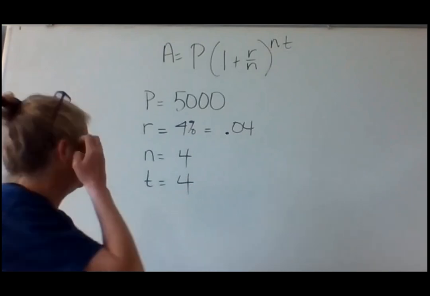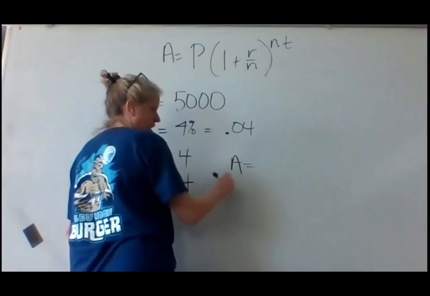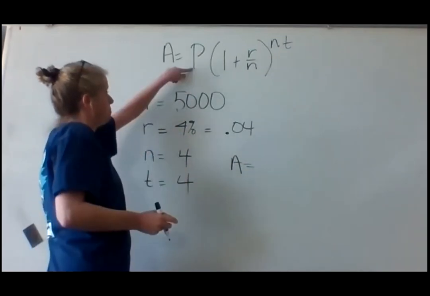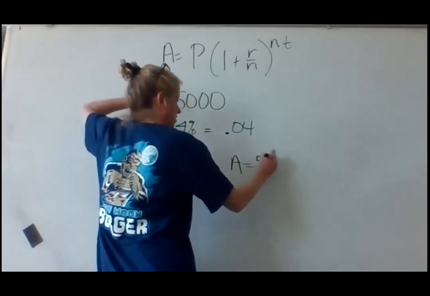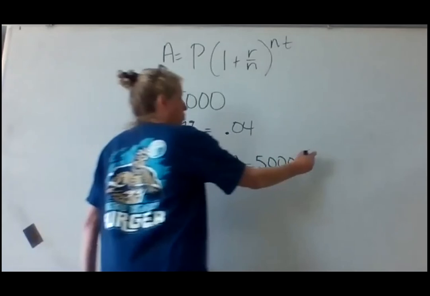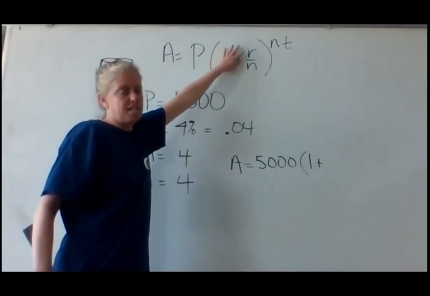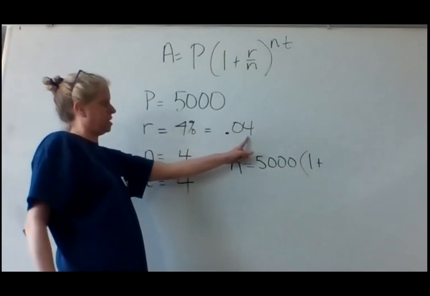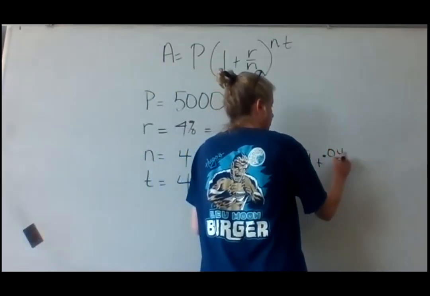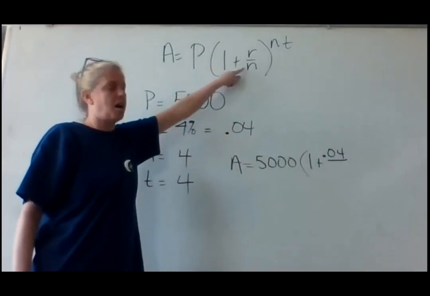So let's plug it in. A equals, this is going to be the amount I have after the 4 years. My principal is 5,000, open parentheses, 1 plus your interest rate in decimal form. So there's your rate in decimal form, 0.04, over the number of times it is compounded.